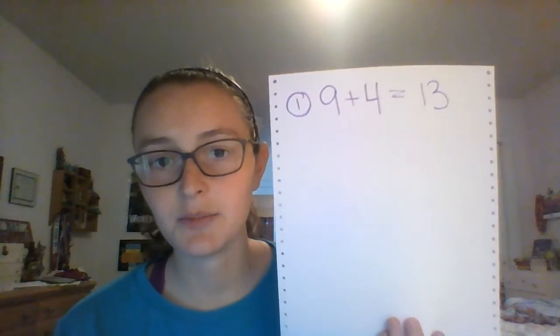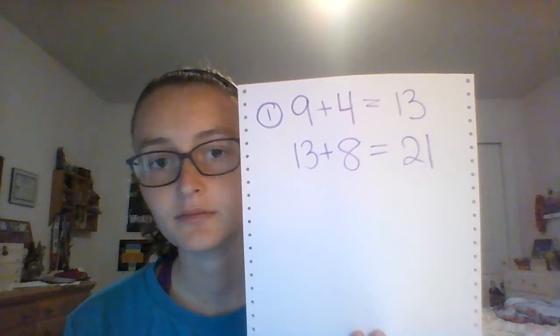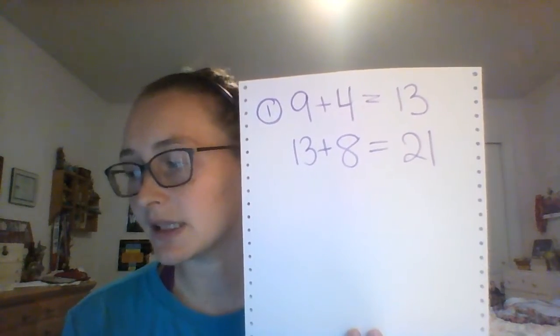Because 9 plus 4 makes 13. 13 plus the next number in the list, 8, is 21. And in the list, we still have 3. 21 plus 3 equals 24.